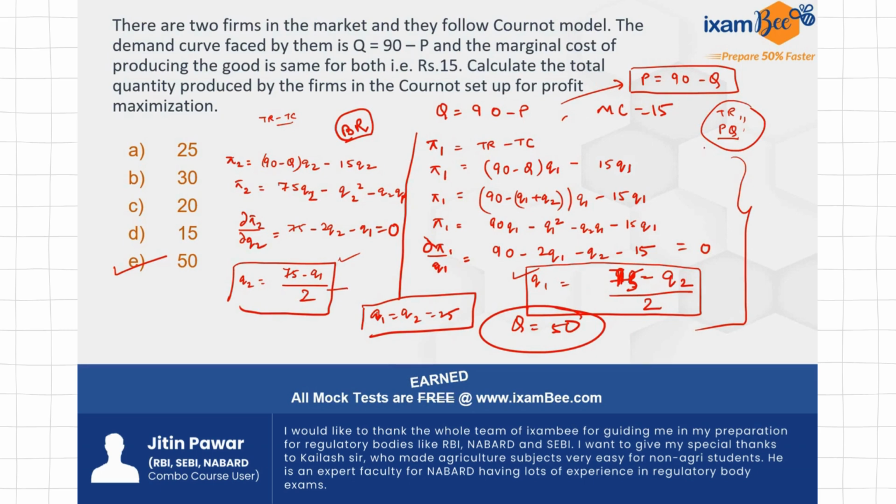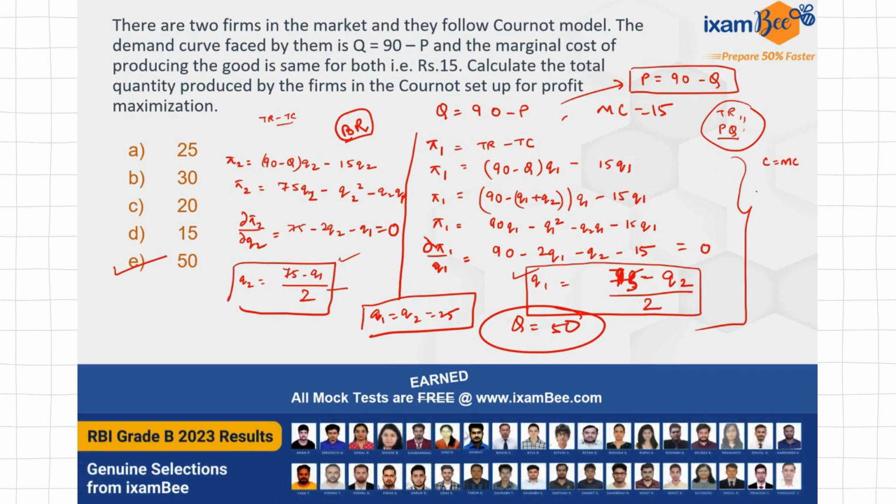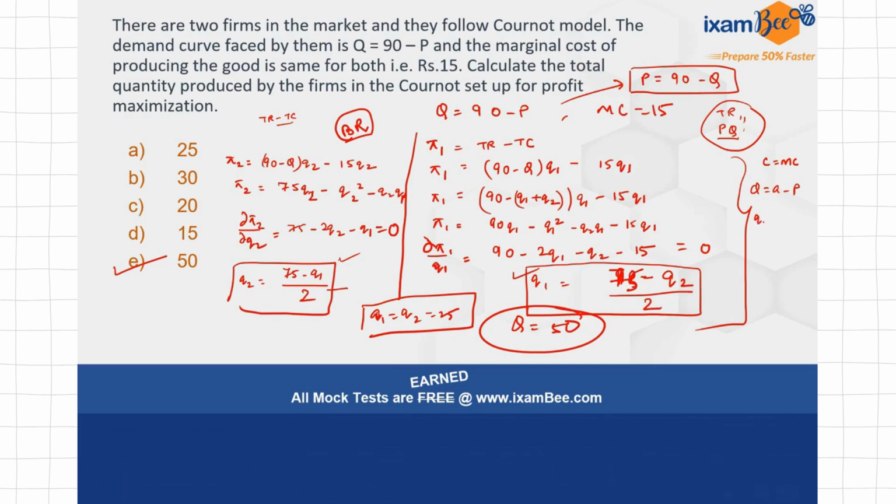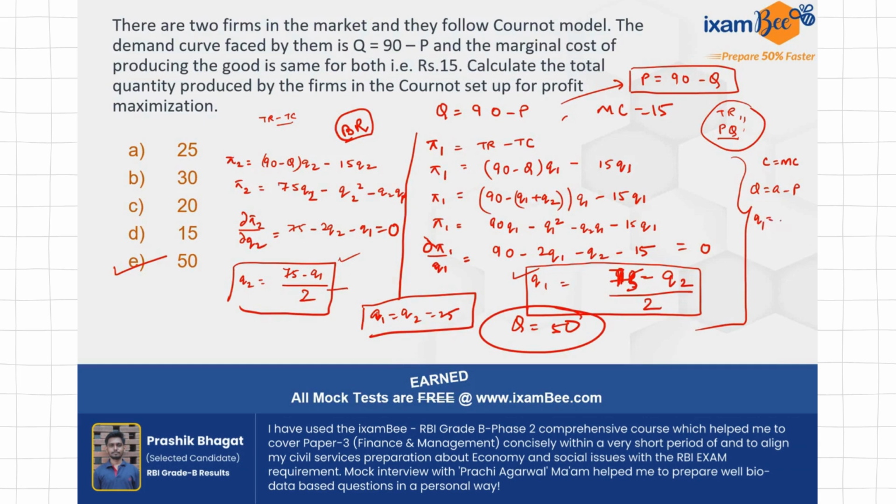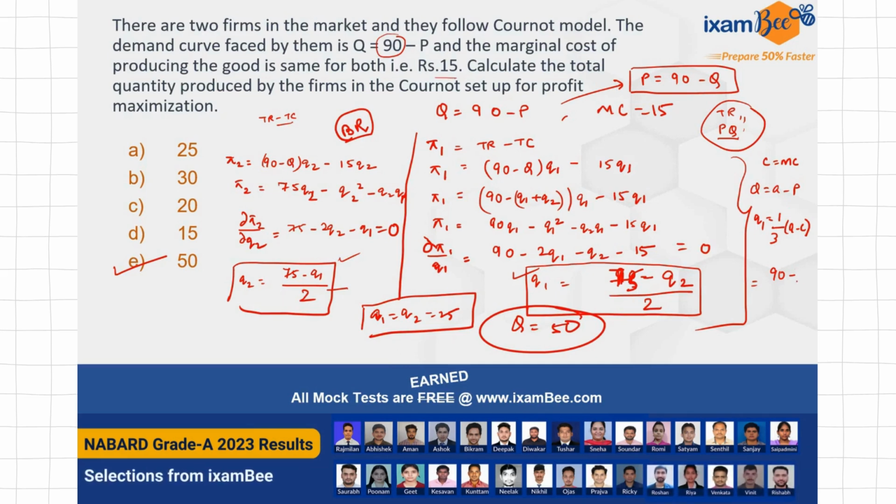If C is the marginal cost and you have a demand function given as A minus B times Q, where A is the intercept, then for finding the quantities of the two firms in a Cournot setup, you can take one-third of A minus C. In our question, A was 90 and the marginal cost was 15, so 90 minus 15 divided by 3 is 75 divided by 3, which is 25.